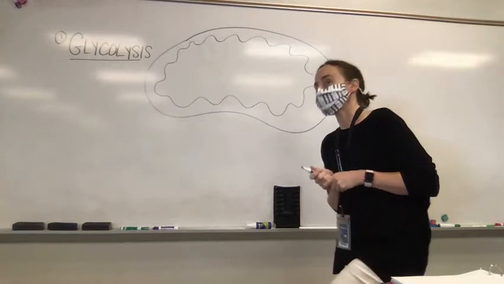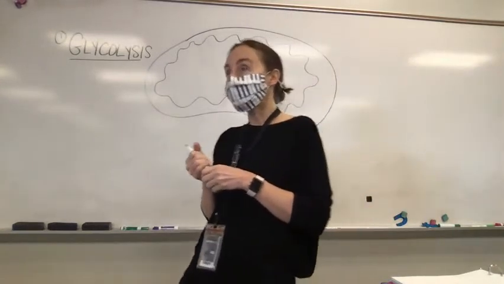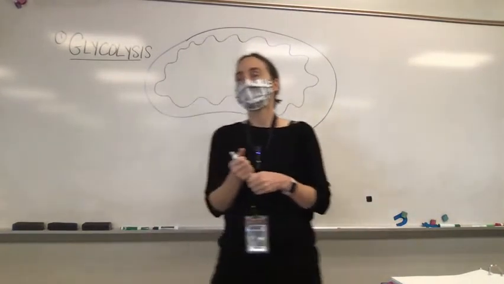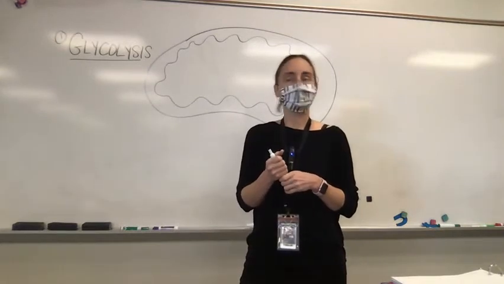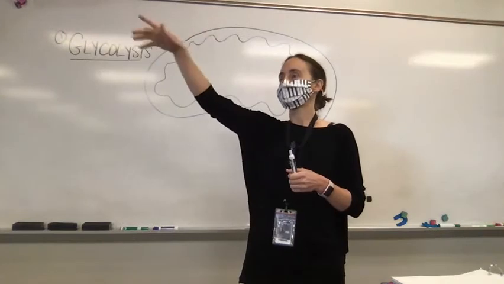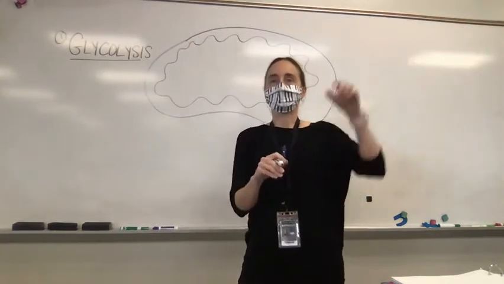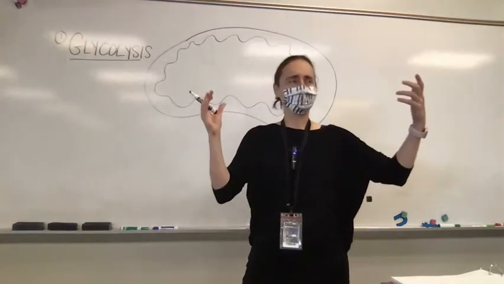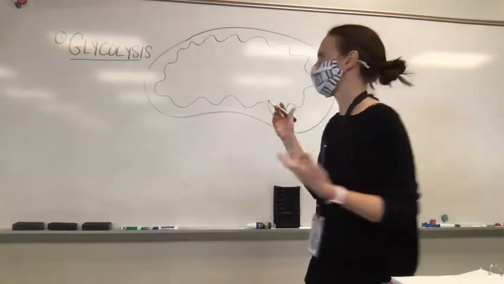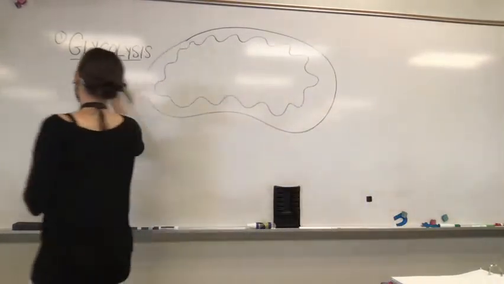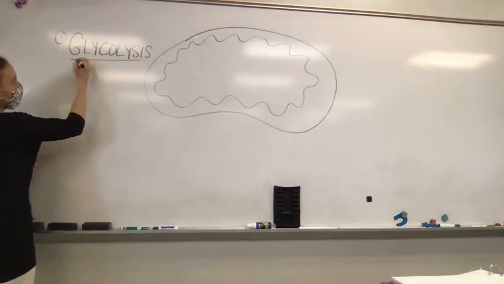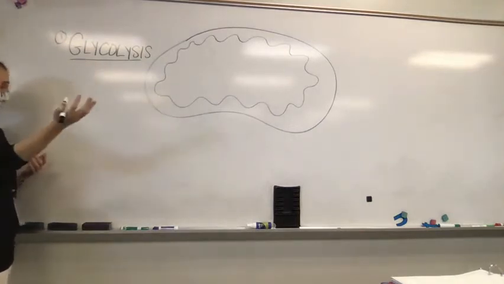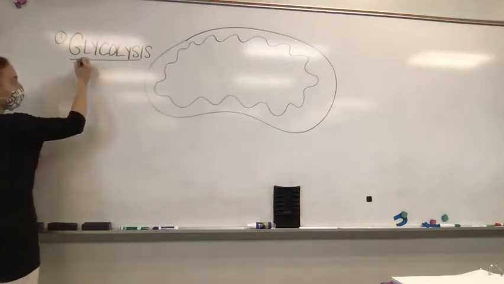You technically should have learned it as cytosol from middle school, but for some reason, all of our textbooks call it cytoplasm right up until you get to AP Bio, and they're like, ha, JK, that's actually called cytosol, and cytoplasm is that and everything in it. And it's like, well, why did you tell us cytoplasm from the beginning? What the heck? I think we could have learned cytosol just as easy. So glycolysis is happening in the cytosol or the cytoplasm. You can use them interchangeably in AP Bio. It's not going to be the end of the world.